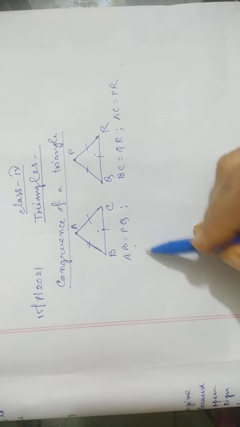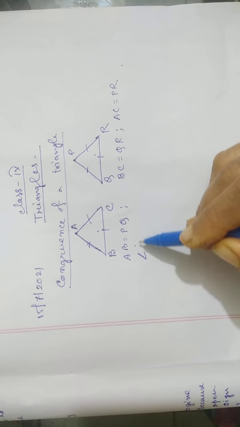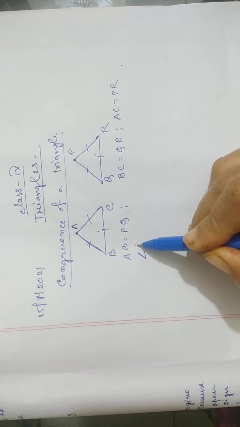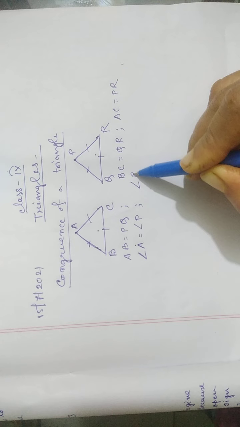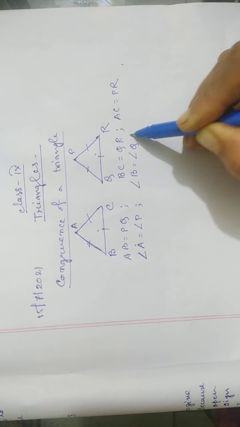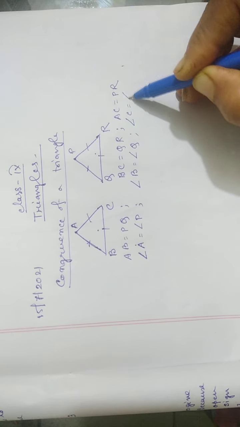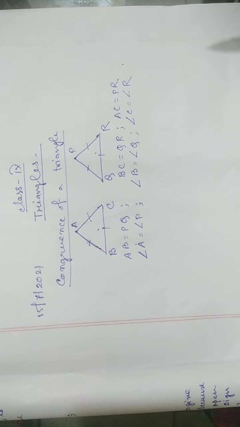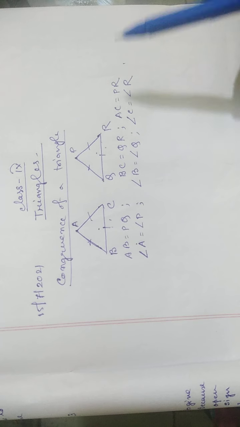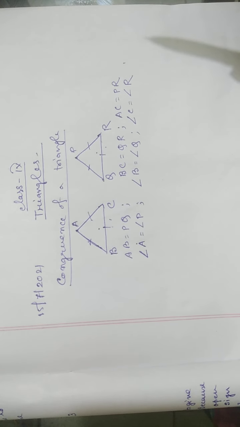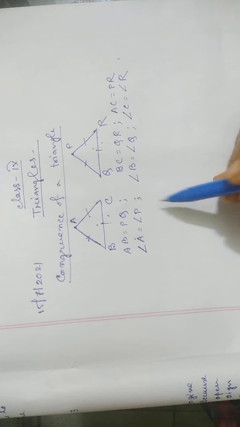Okay, and three corresponding angles are equal. Angle A equal to angle P, angle B equal to angle Q, angle C equal to angle R. That means from two triangles, if every side and every angle of both triangles are equal, then you can say that the triangles are congruent to each other.